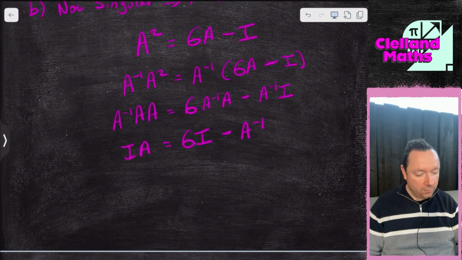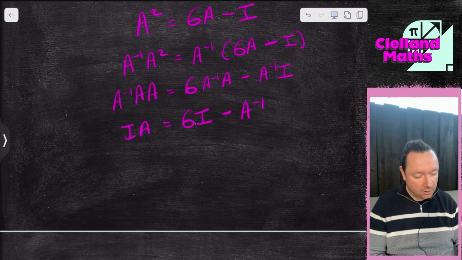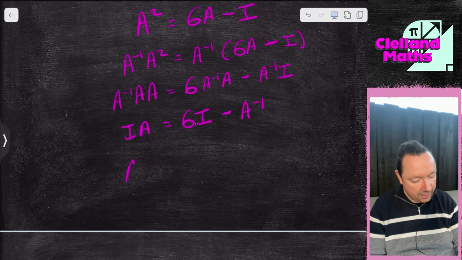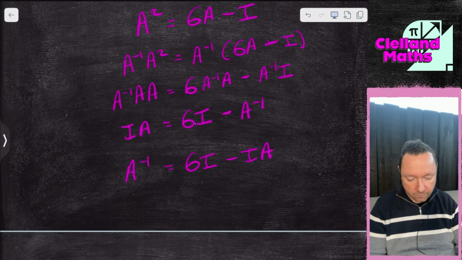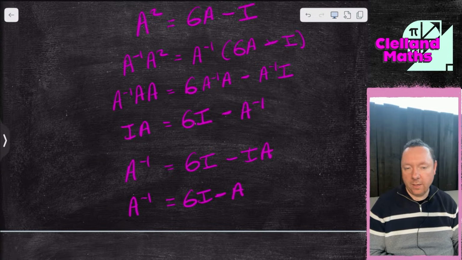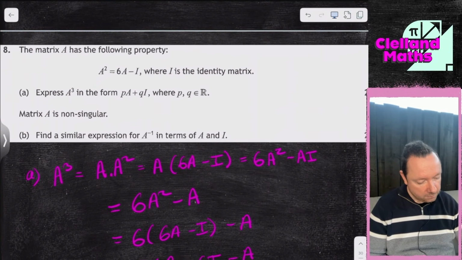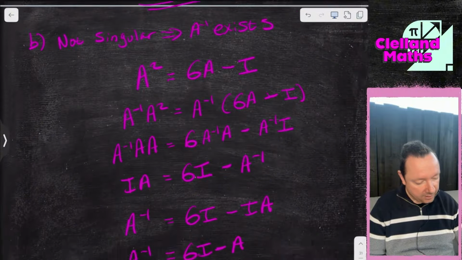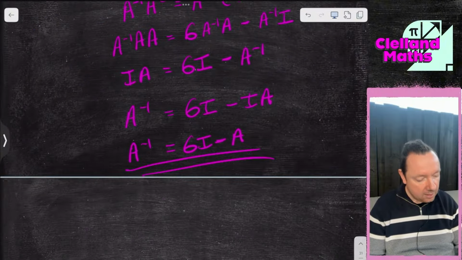So we get that far, and we can just make A inverse the subject. So I'll move it to the left. So we get A inverse equals 6I staying where it is, minus IA. Now, IA I've forgotten to get rid of, so let me just get rid of that. 6I minus A, or minus A add 6I, whatever way you like. Does it tell us a form? Nah, in terms of A and I, 6I minus A, and we're done there.